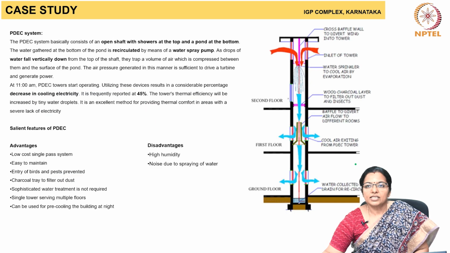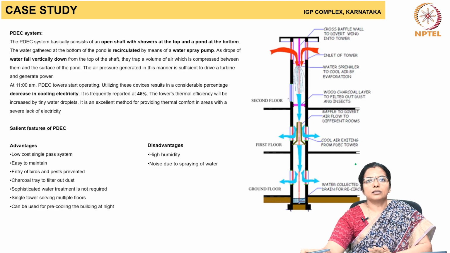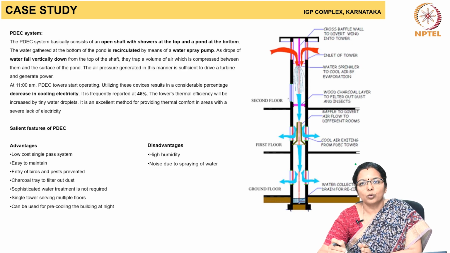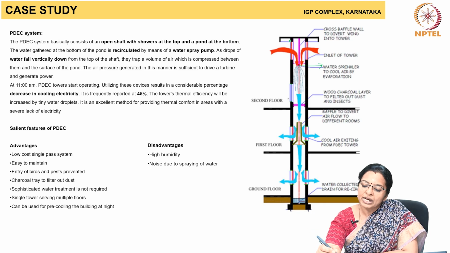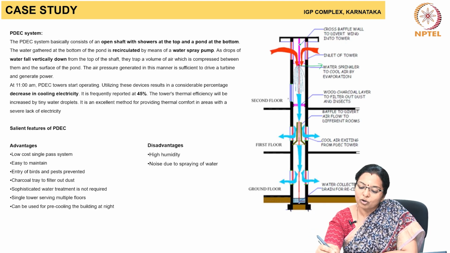The PDEC system here basically consists of an open shaft with showers at the top. Here you can see water micronizers or water sprinklers. There is a cross baffle wall here, because of which the direct movement of air is prevented.